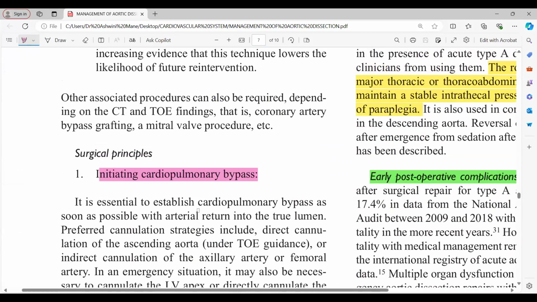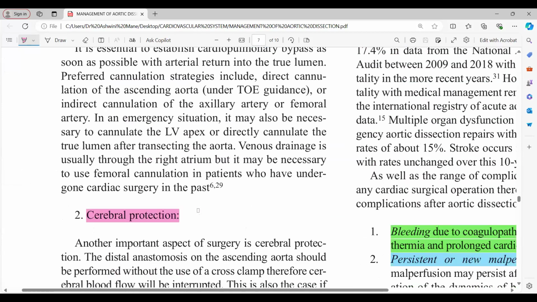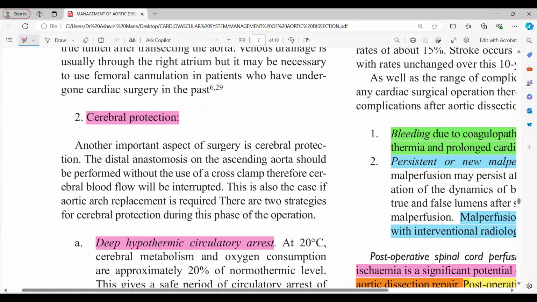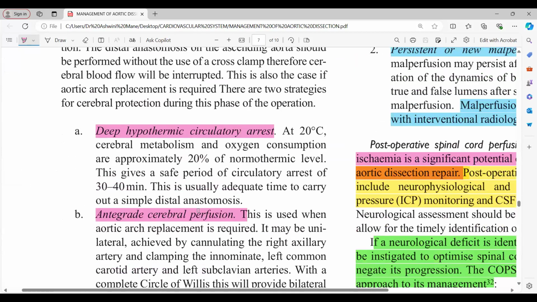And the surgical principles are to initiate cardiopulmonary bypass and measures for cerebral protection like deep hypothermic circulatory arrest and antegrade cerebral perfusion.